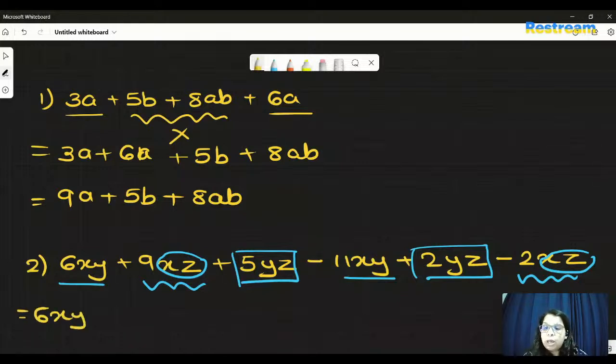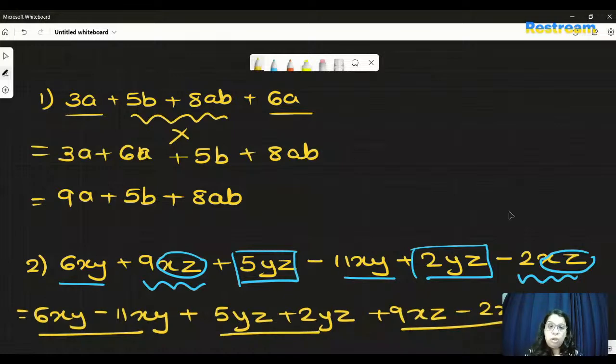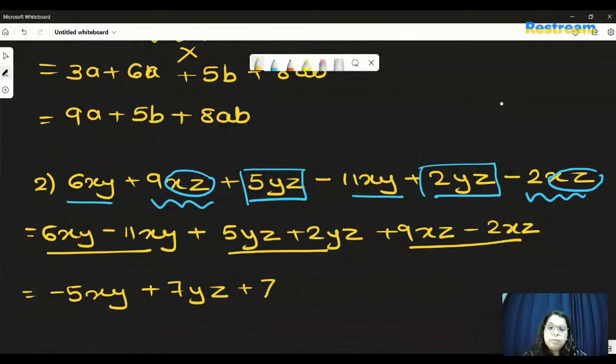So 6xy minus 11xy plus 5yz plus 2yz plus 9xz minus 2xz. Now these are the pairs that we are going to solve. So that is equal to minus 5xy plus 7yz plus 7xz.